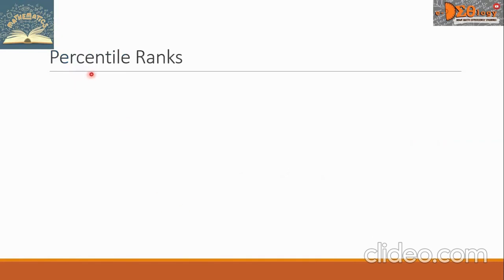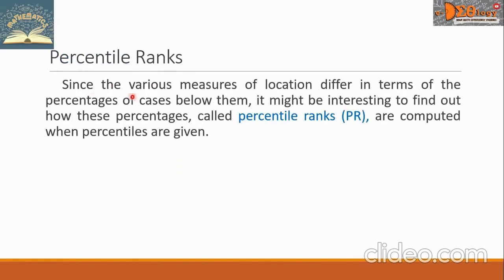Let us discuss percentile ranks. Since the various measures of location differ in terms of the percentages of cases below them, it might be interesting to find out how these percentages, called percentile ranks, denoted by PR, are computed when percentiles are given.